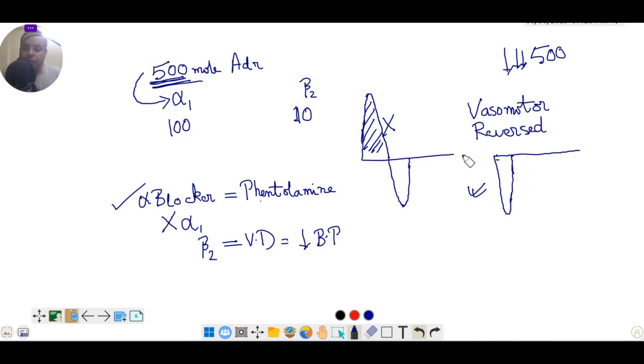And this phenomenon is known as the vasomotor reversal. It was discovered by a scientist, Dale, and hence the name vasomotor reversal of Dale.